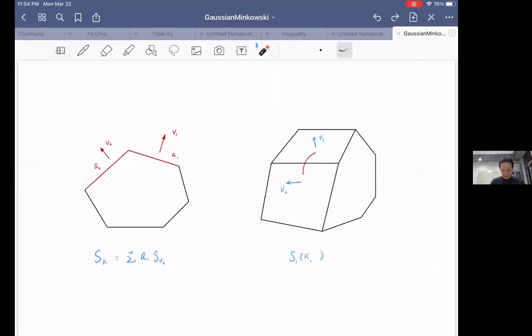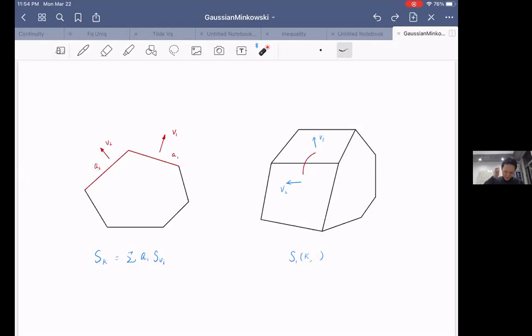The directions will be the outer normals, and the mass concentrated on each direction will be the area of the face. So this is why we call it the surface area measure.